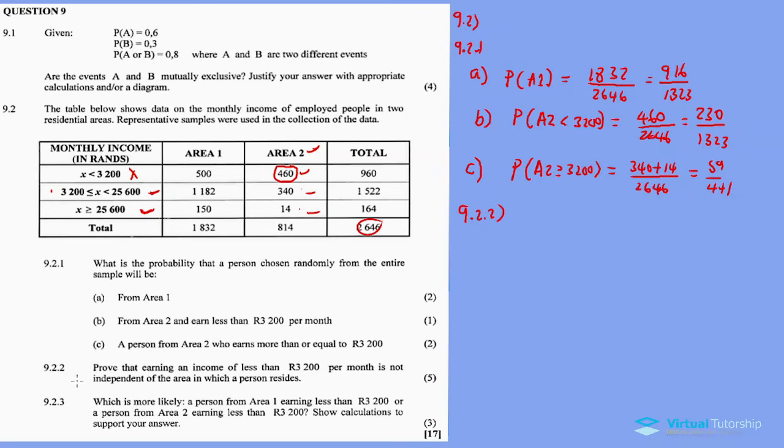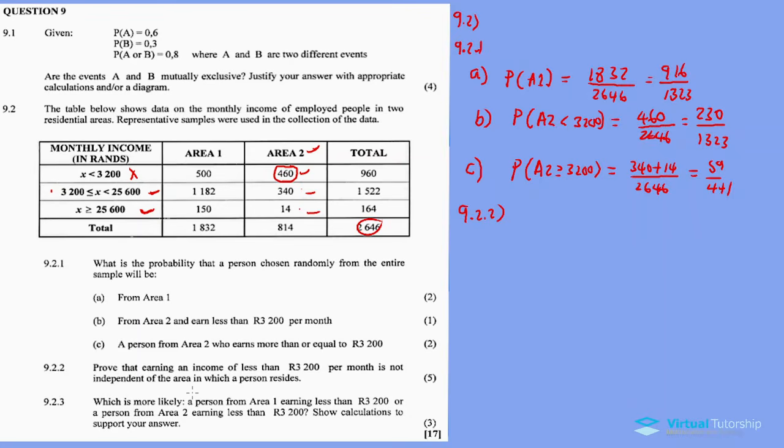9.2.2. Prove that earning an income of less than 3,200 rand per month is not independent of the area in which a person resides. So we are talking about independent events, dependent events. Let me rephrase the statement.